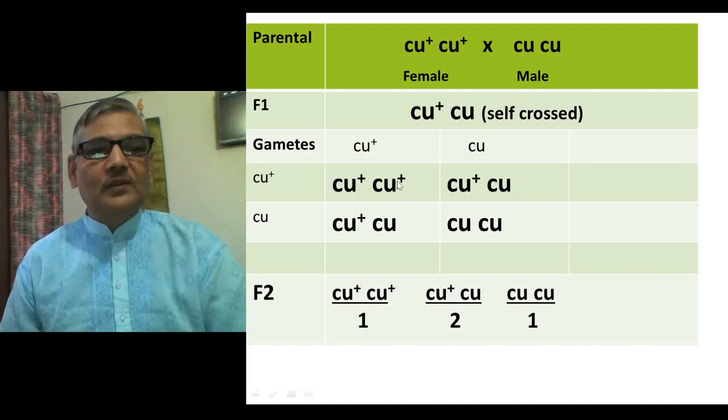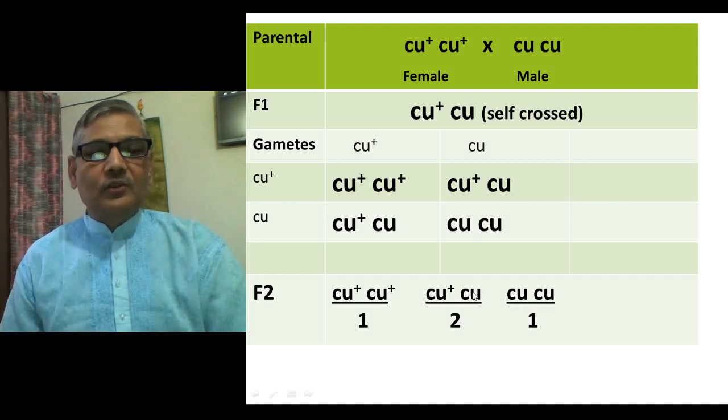Cu plus, one type, then Cu, this is another type, and then there are heterozygotes with Cu plus Cu. So number wise you can say 1 is to 2 is to 1. This ratio will be obtained in F2. So this is the genotypic ratio.